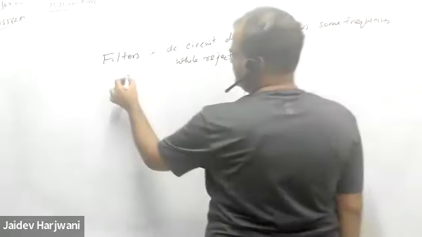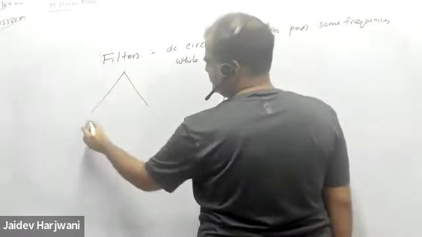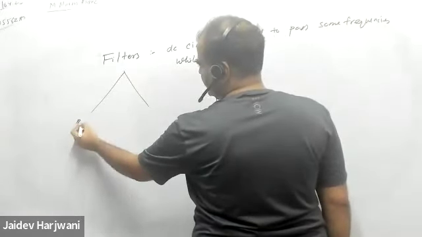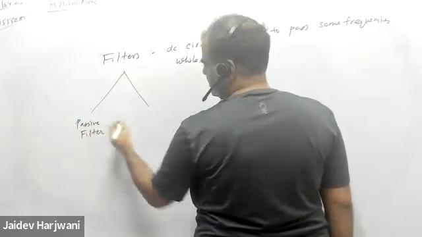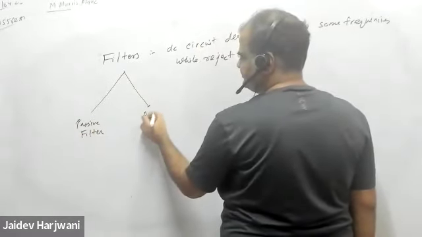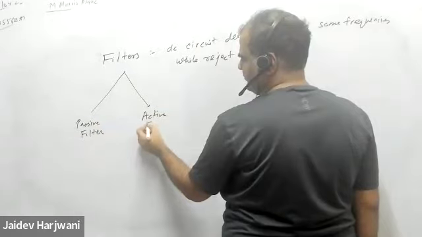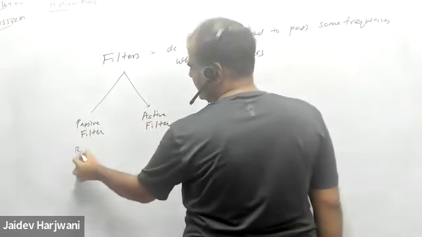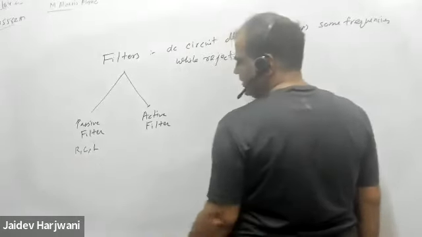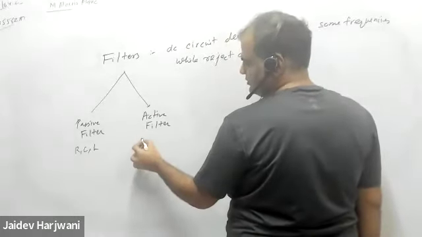You want to allow some frequencies, you want to reject some frequencies. Filters are also classified into two types. One is passive filter and one is your active filter. Passive filters only use R, C, L. Active filter use op-amp.